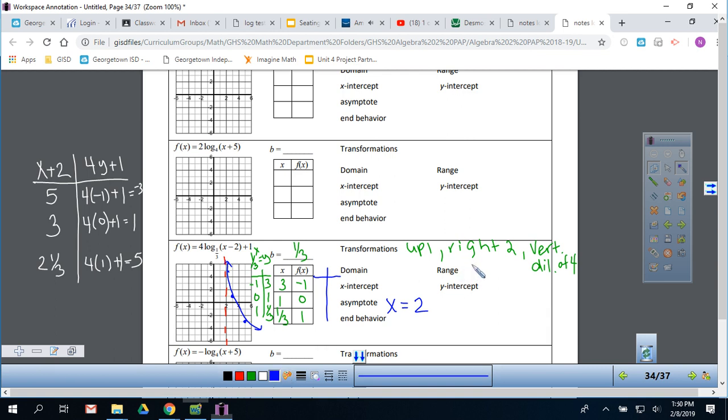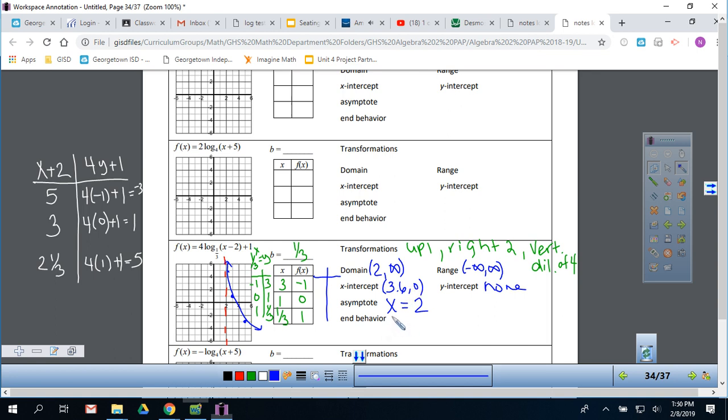Our domain is 2 to infinity. Where's our x-intercept? We'll have to guesstimate here a little bit, something like 2 and 2/3. Are we going to have a y-intercept? Are we ever going to cross the y-axis? No.